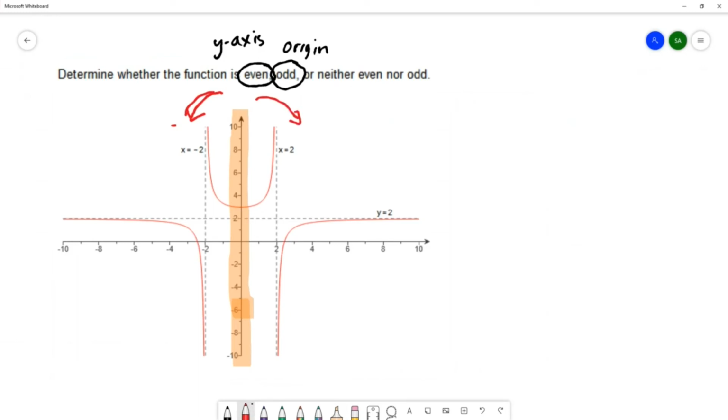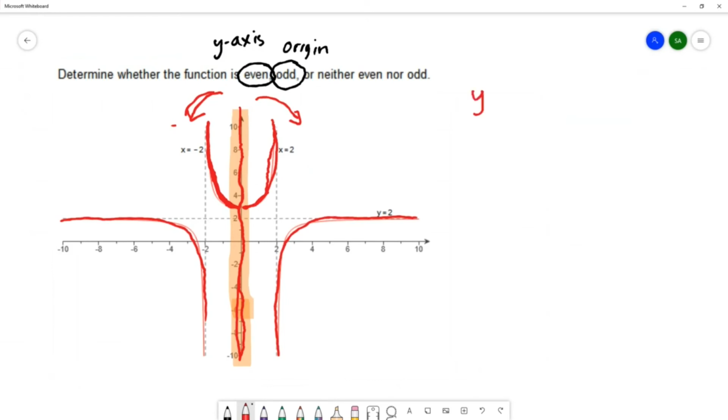So if you can imagine that this picture is a piece of paper and you're going to fold the piece of paper along the y-axis, if you have y-axis symmetry, you would have both sides matching up. So you can see that that's happening on this picture. This piece of the graph, when folded, would match up with this piece of the graph. And this piece of the graph, when folded, would match up with this piece. So this is a graph that has y-axis symmetry. And so we would categorize this as an even function.